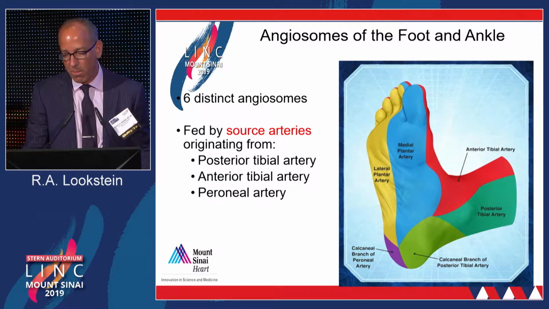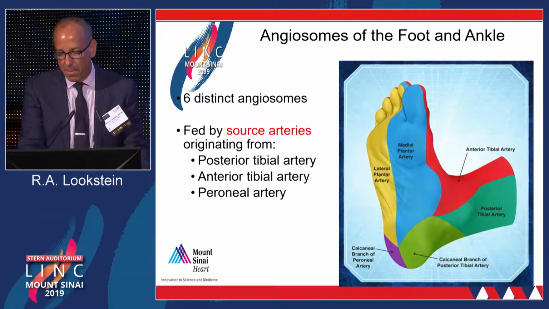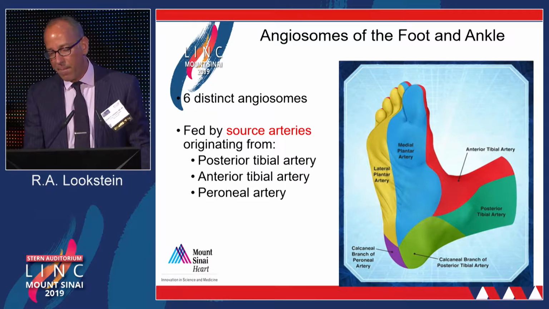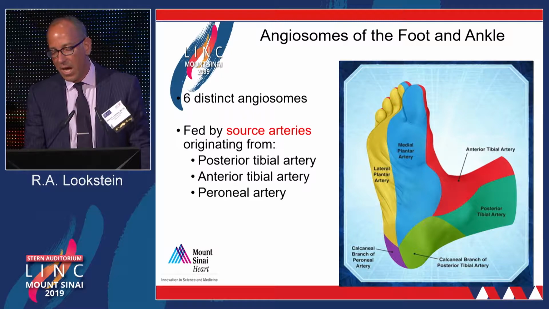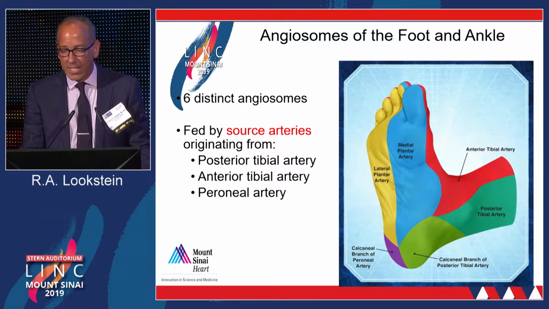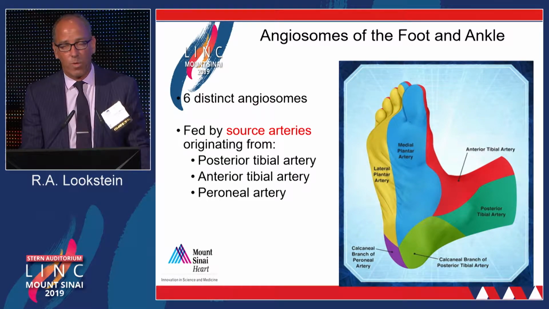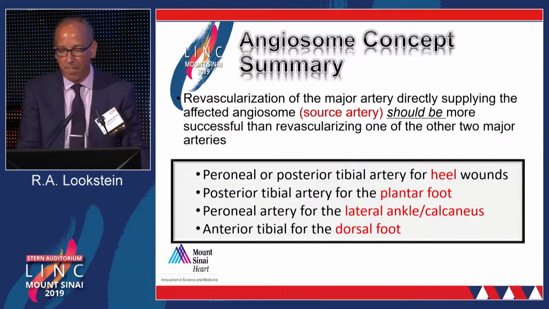Six distinct angiosomes have been described. I'm not going to belabor the point, but obviously they are fed from the 3 infrapopliteal arteries, the posterior tibial, anterior tibial, and even branches of the peroneal artery. And the idea is, depending on where on the patient's foot you have a wound, you would want to ideally choose that vessel to be your revascularization target, whether it's with open surgical bypass or endovascular therapy.